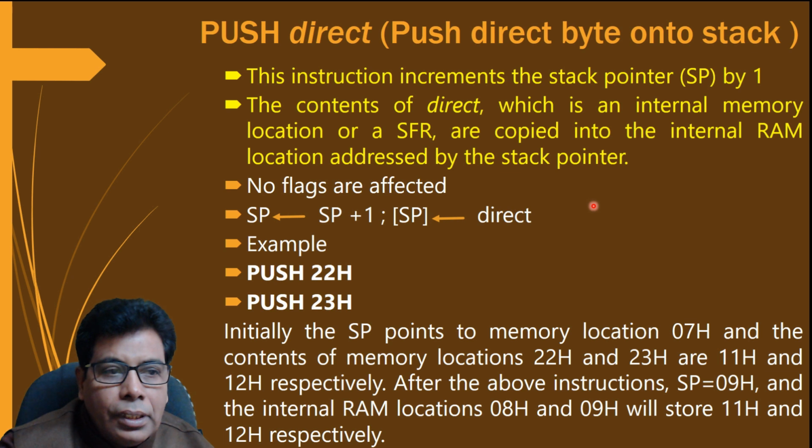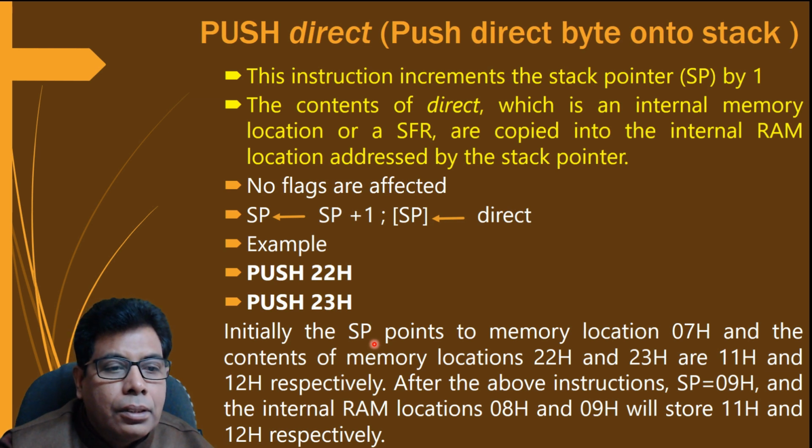So here SP plus 1, the stack pointer will be incremented by 1, so that will be the new stack pointer, and whatever is in direct we are putting here, so that will be loaded onto the stack pointed to by SP. If you take the example push 22h, and again we take another push 23h, these are the two push operations.